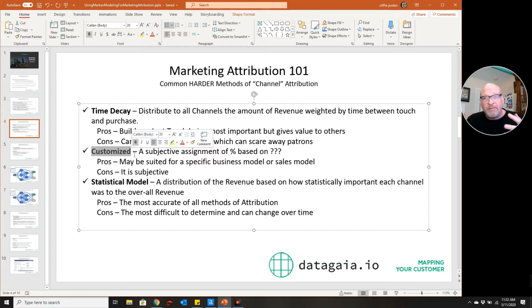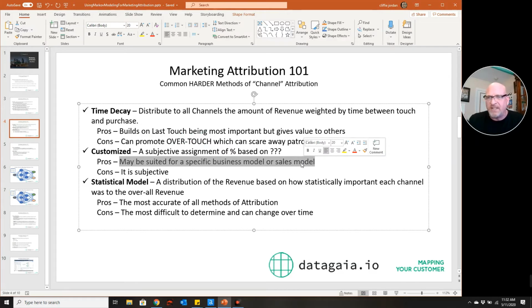And maybe there might even be some data behind it, but it's not statistically significant, or it's not statistically sound in its methodology, and it might be fairly close, but it's not the most accurate way to do it. Some companies do this. It could be suited for a very specific business model or sales model, but again, it is subjective.